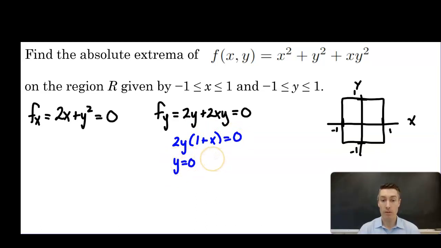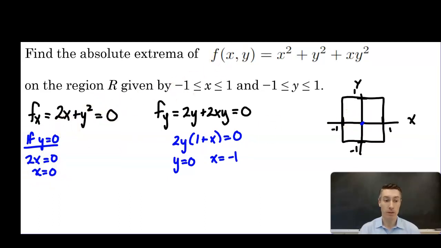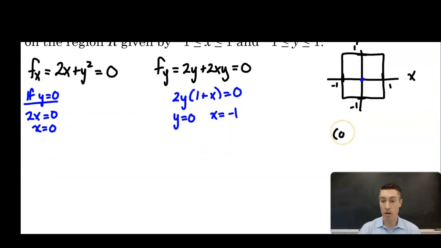So either y equals 0 or x equals negative 1. So if y equals 0, then that means we'd have 2x equals 0, x equals 0. (0, 0) is right in the middle of our region. So we put that on our list, (0, 0).